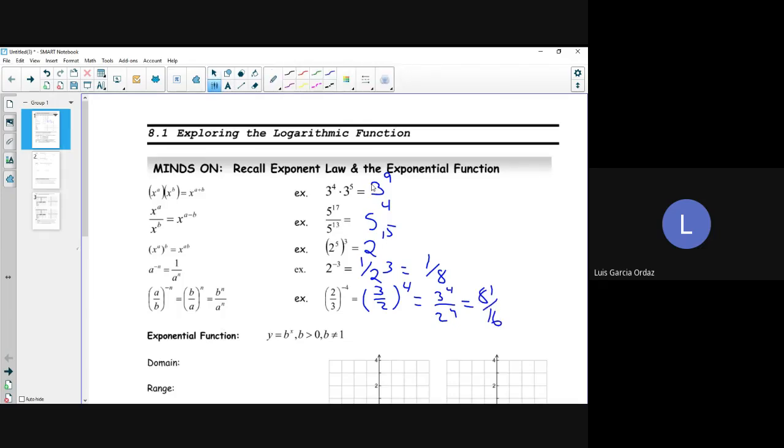So there's also one more thing that they forgot to mention in this rule. So if we have a root, let's just say we have a to the m over n, that just simplifies to the m-th root of a to the power of n.